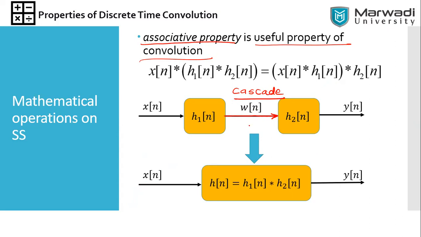So this is h1 of n, h2 of n, and x of n is given as an input. This is the y of n output. So it is basically the LHS, left hand side. Whereas here w of n is what? It is x of n convolved with h1 of n.